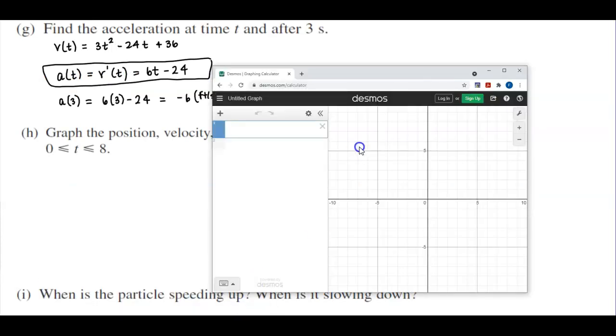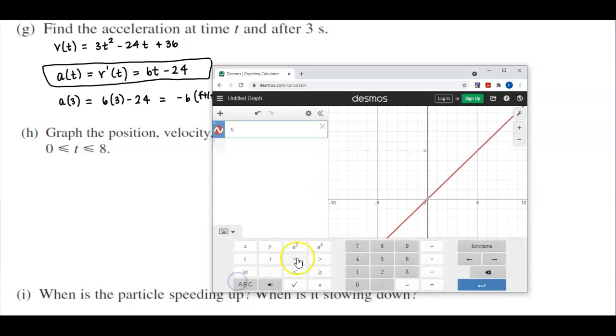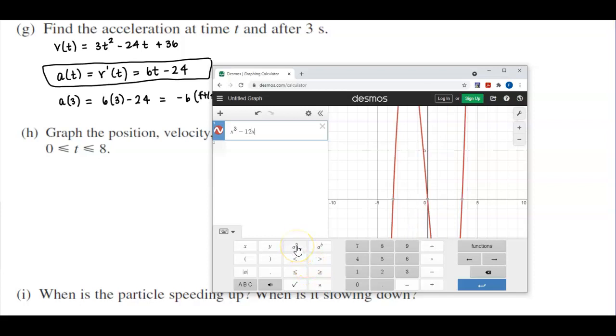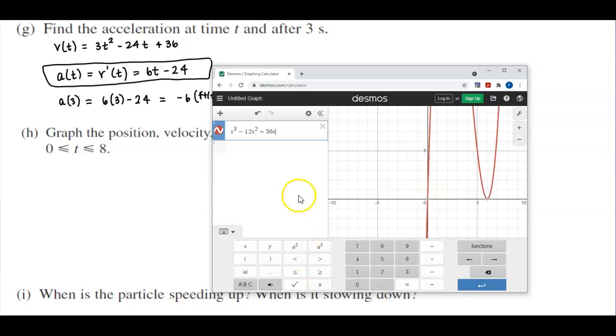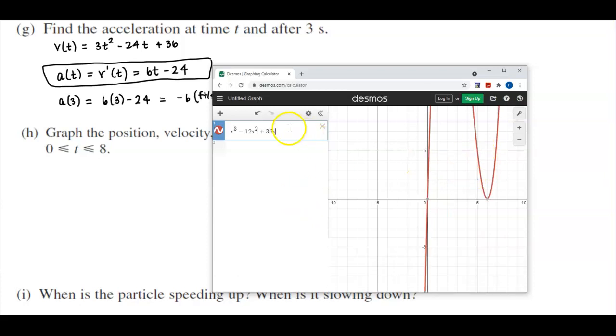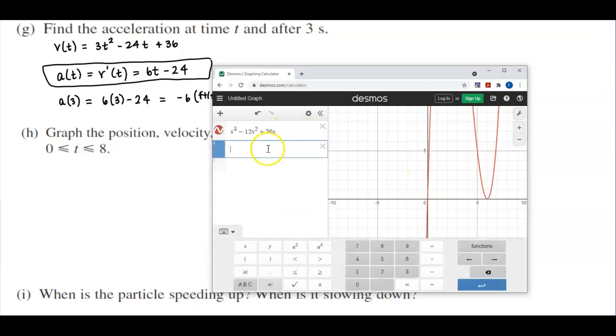We're going to graph first the position function, which is, we're going to call it x cubed minus 12x squared plus 36x. So therefore there is our position, and then the velocity function is 3x squared minus 24x plus 36.